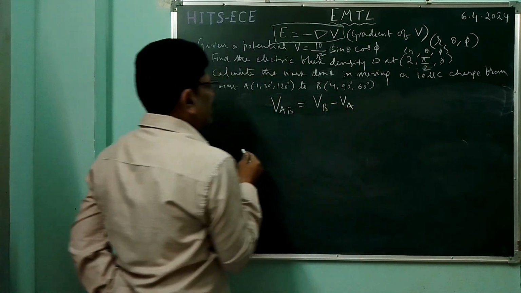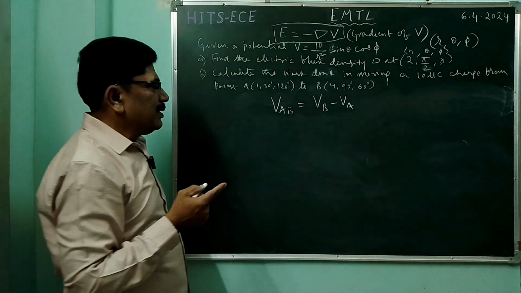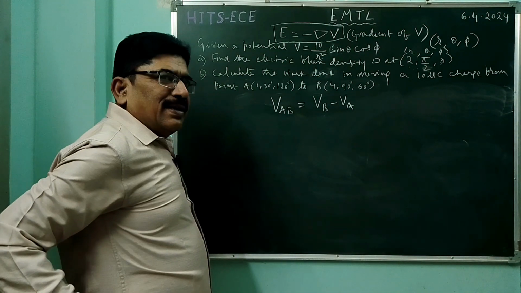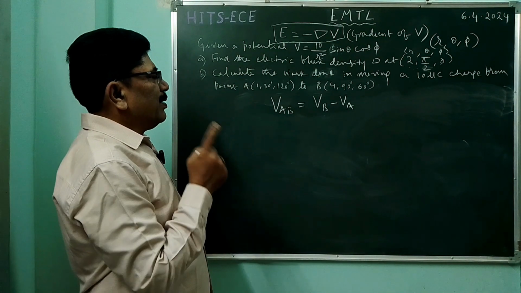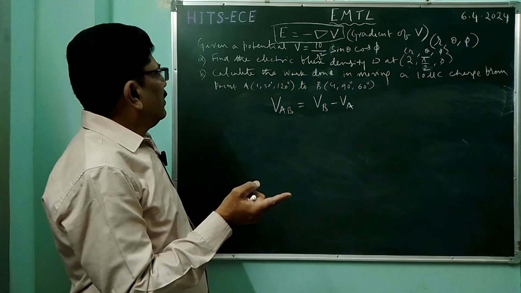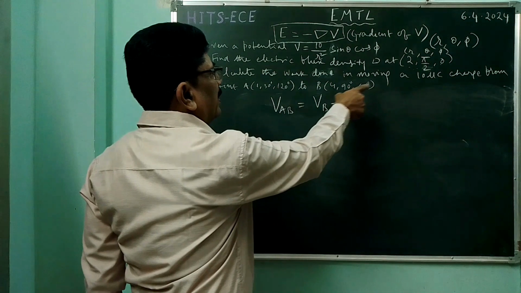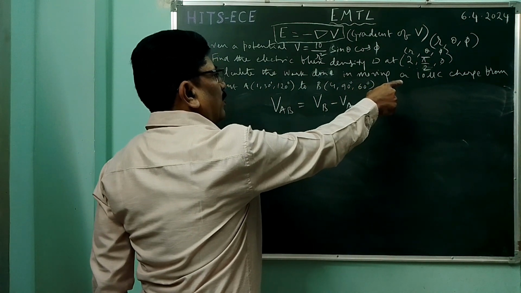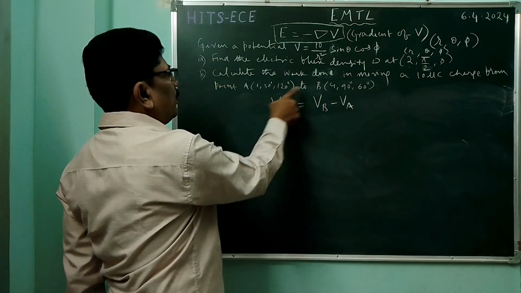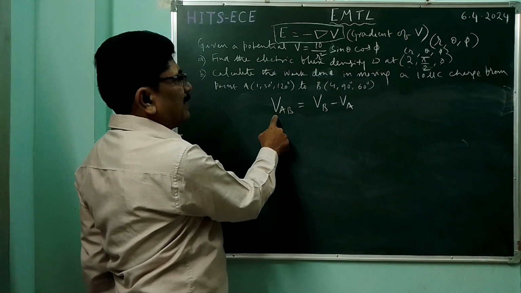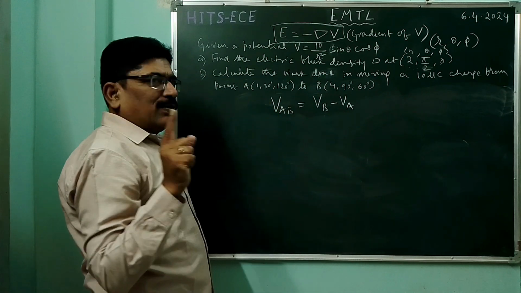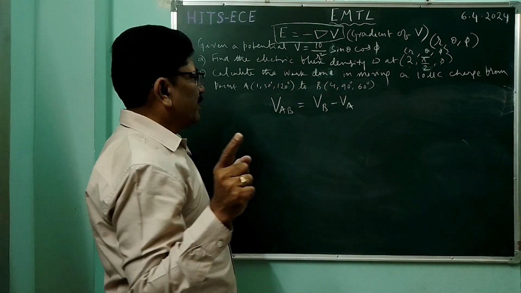Potential difference between 2 points is defined as the work done in moving a unit charge from point A to point B. Now we need to find out the work done in moving a 10 microcoulomb charge from point A to point B. But V_AB is nothing but work done in moving 1 coulomb, 1 unit charge.